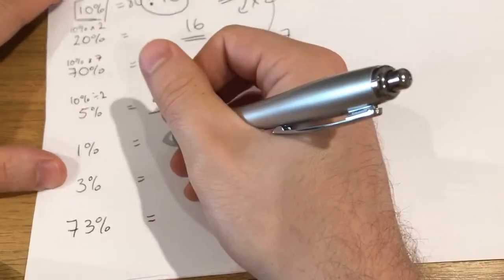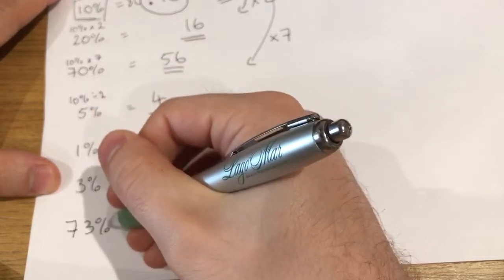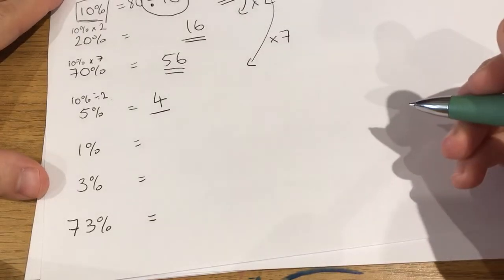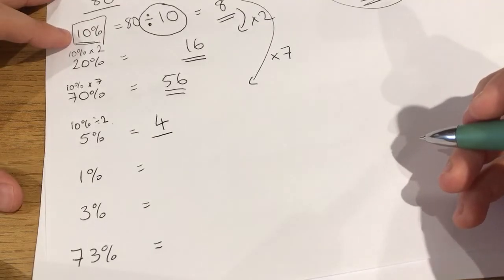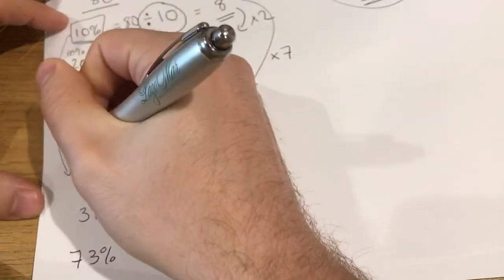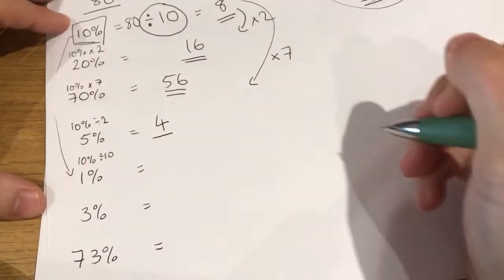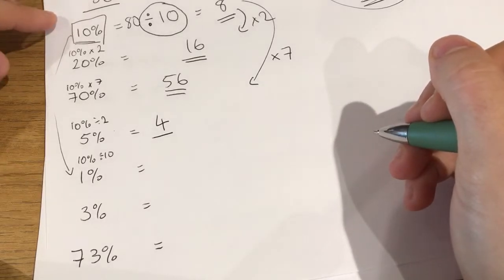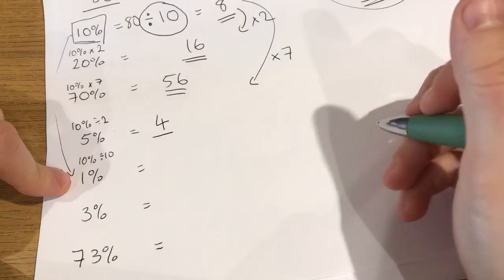Right. 1%. This is going to help us with harder percentages like 3%, 73%, 82%, whatever. We found 10% by dividing by 10. To go from 10% to 1%, we're going to divide that by 10 again.